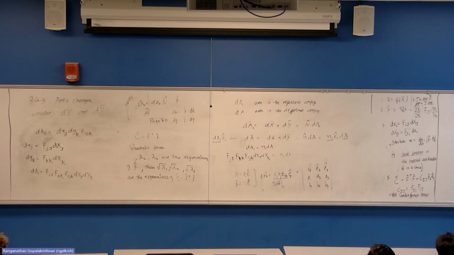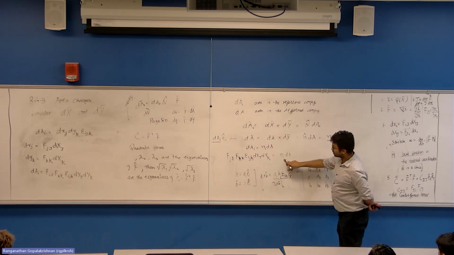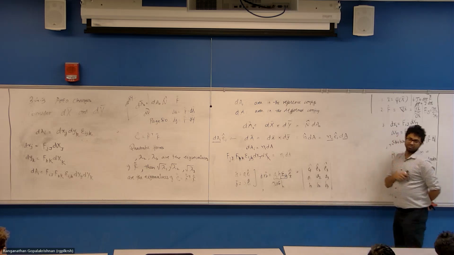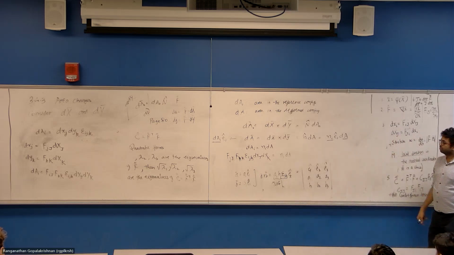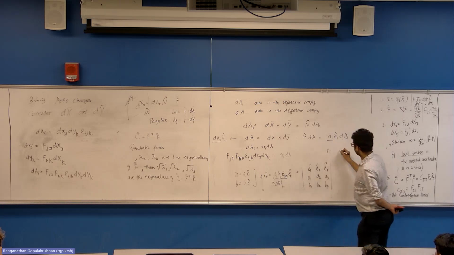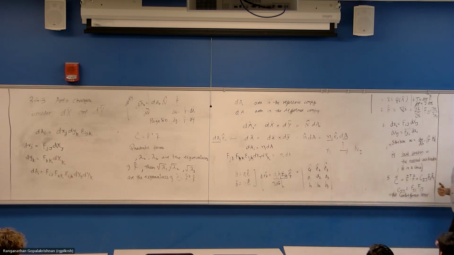How do we eliminate the i? If you want to turn this into an equation for something that doesn't involve i, but something that involves the material vector, what will you do? You have n_i. I want to go from n_i to N_I. What should I do intuitively?